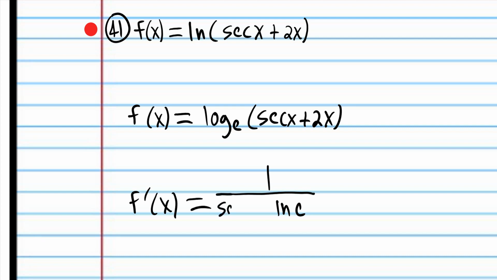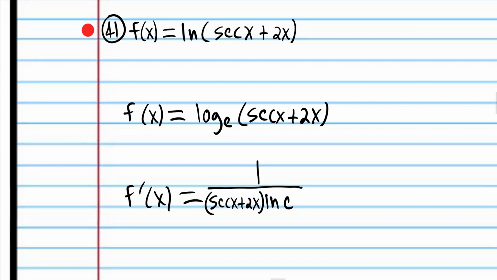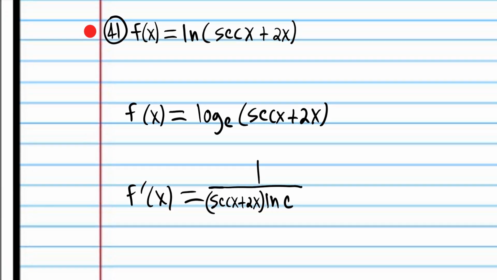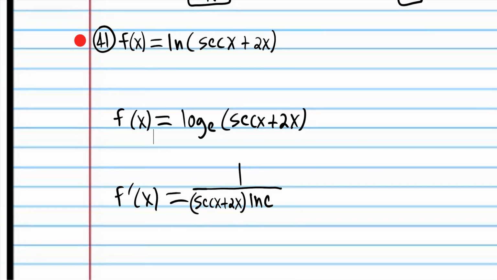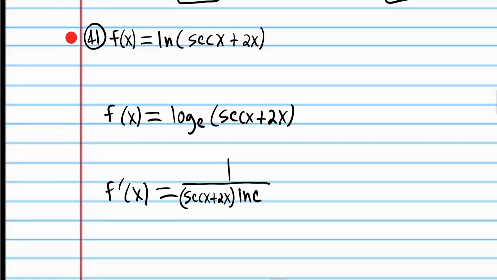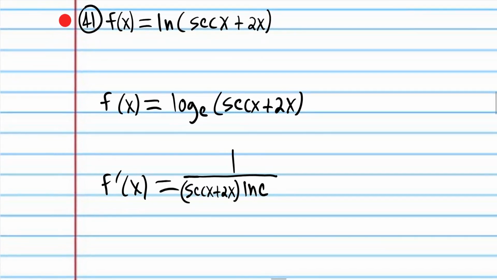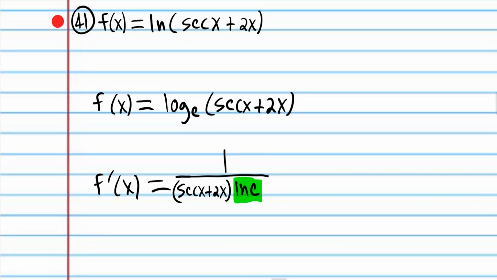So we have to write secant x plus 2x. We have to keep that unchanged. And again, this is where our understanding of the chain rule kind of breaks down. We really consider this to be f prime of g of x, meaning we're taking this inside function and making it the input of the derivative of the outside function. That's very confusing to think about it that way. Also, again, natural log e is just 1, so that's just going to disappear.